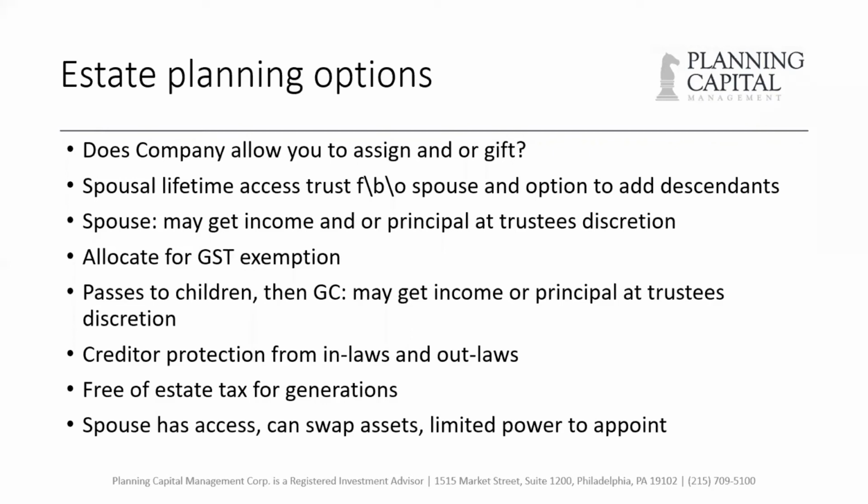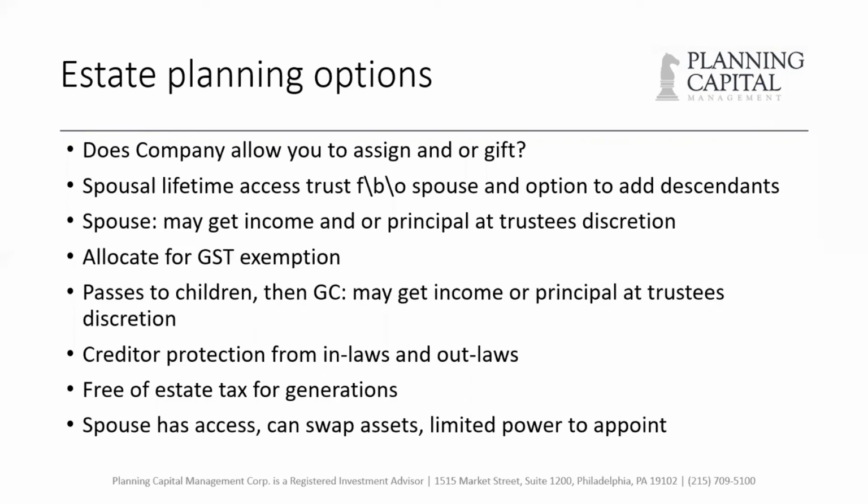Now, if you'd like to, you can also allocate for the GST exemption, the generation skipping transfer tax exemption. And if you did that, then upon spouse's demise, the assets can pass, let's say, for the benefit of children for their lifetime, where income and or principal is distributed for their health, education, maintenance, or support, as the trustee may determine in their sole and absolute discretion, and thereafter to your grandchildren.